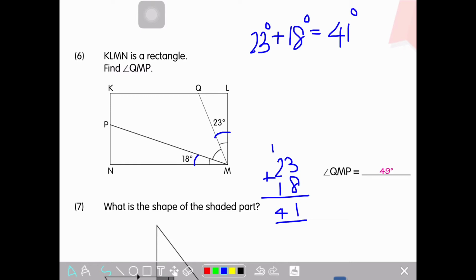So we know that these 2 angles make 41 degrees. And how do we find QMP? We take 90 degrees minus 41 degrees.